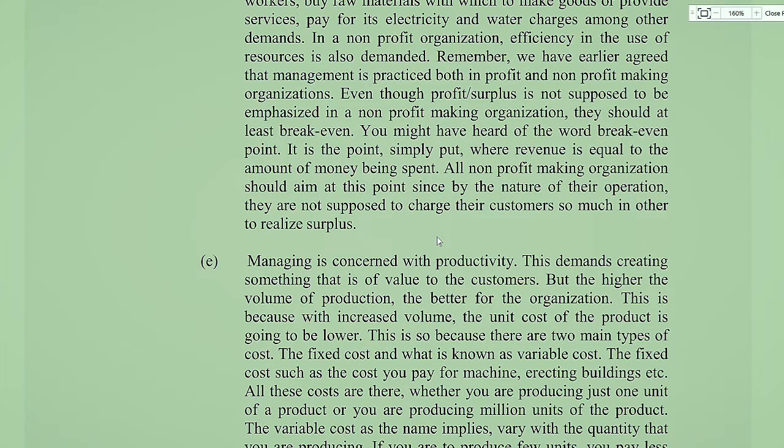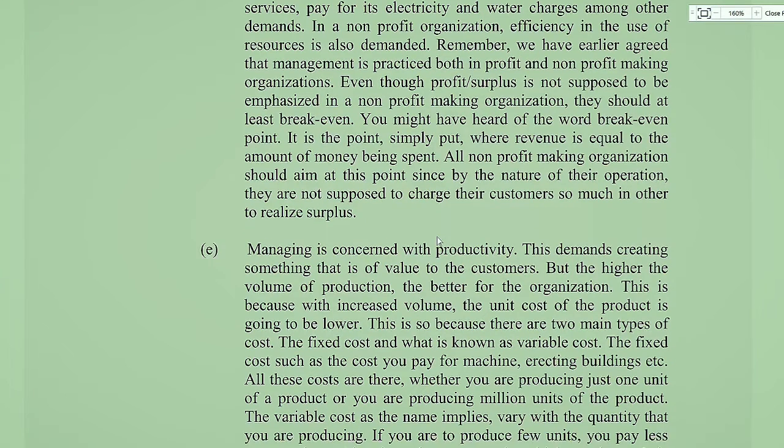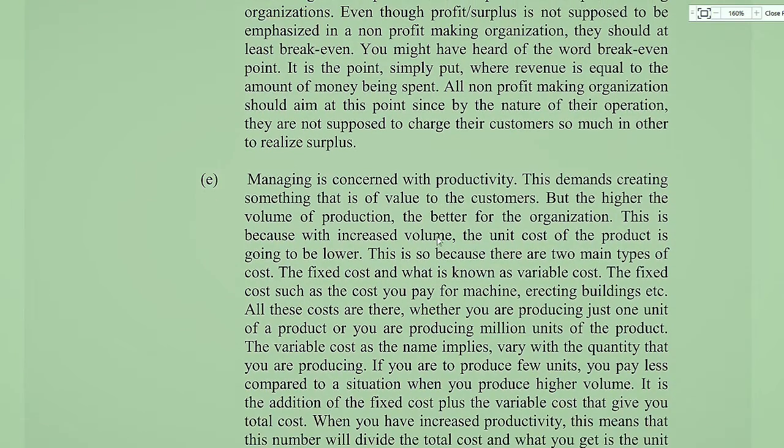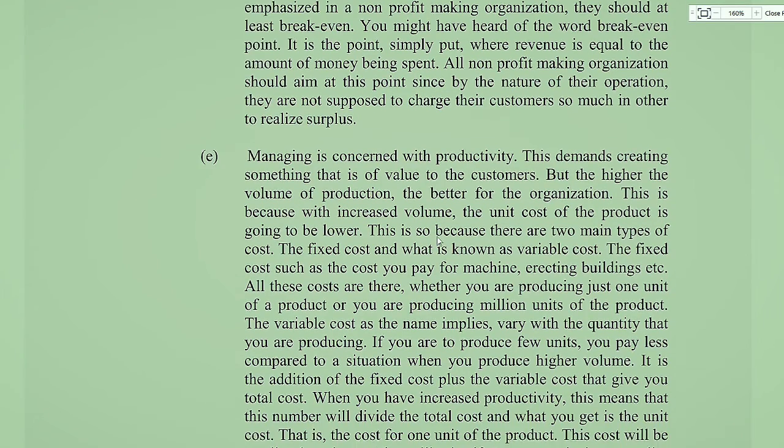You might have heard of the word break-even point. Simply put, it is the point where revenue is equal to the amount of money being spent. All non-profit-making organizations should aim at this point, since by the nature of their operation, they are not supposed to charge their customers so much in order to realize surplus.